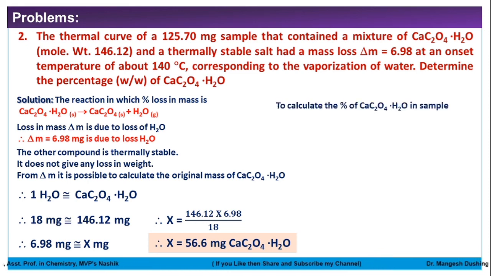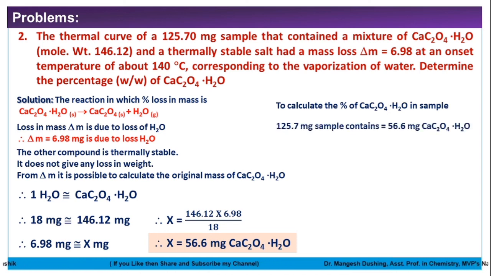Now, to calculate the percentage of calcium oxalate monohydrate in the sample, which was a mixture of calcium oxalate monohydrate and a thermally stable salt: 125.7 mg of the sample contains 56.6 mg of calcium oxalate monohydrate.